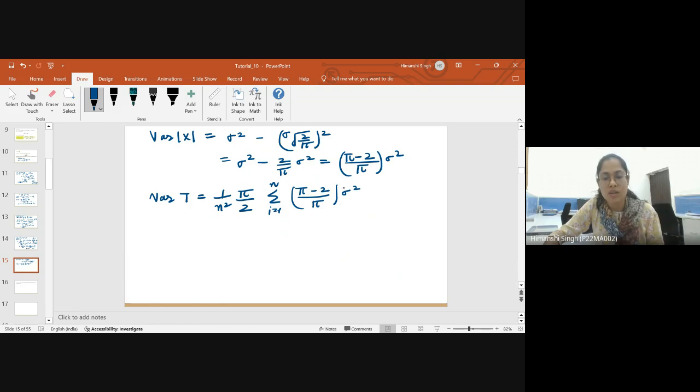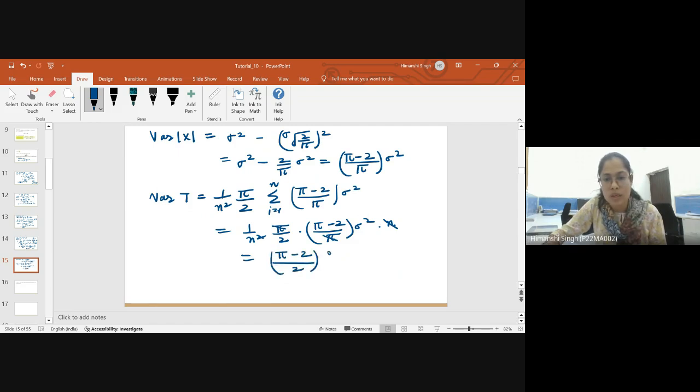Now this is a constant, so it will come outside, and the summation will give n. So this n will get cancelled, this pi will get cancelled, so it will be pi minus 2 upon 2 sigma square by n, which will go towards 0 as n goes to infinity. So this implies that t is a consistent estimator.